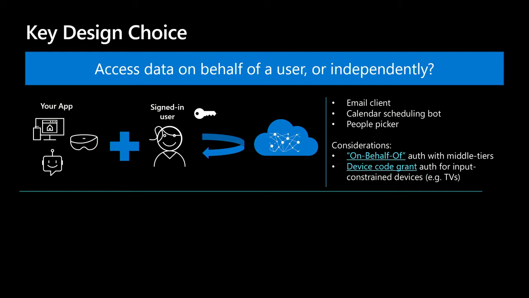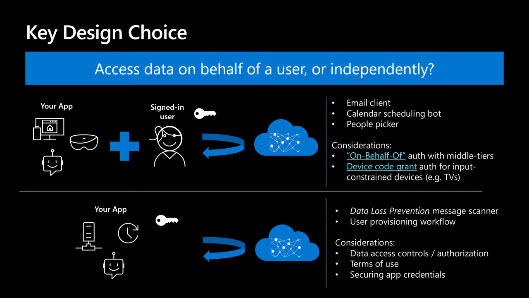Is your application going to interact with the data on behalf of a user or on its own? So the first option here, it's on behalf of the user. The application itself does not have the ability to call any APIs unless there's a user present and they sign in and they provide a token. Examples of apps you would develop that way, such as an email client, scheduling bot, a people picker.